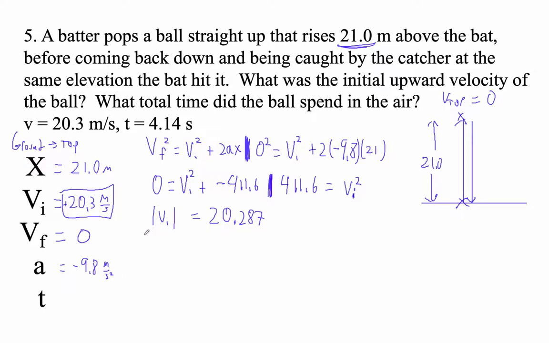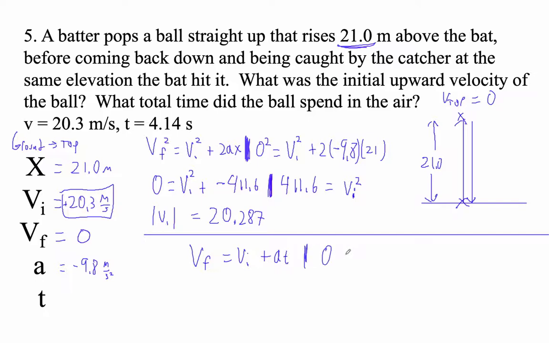Sorry. Okay, so then it says, what total time did it spend in the air? There's really no way around using that answer because we don't have an equation to give us the time without the initial velocity. So I'm going to use this guy: vf is vi plus at, right?